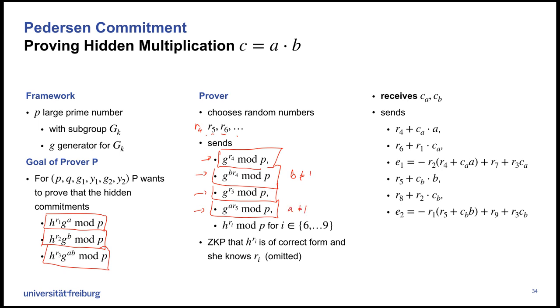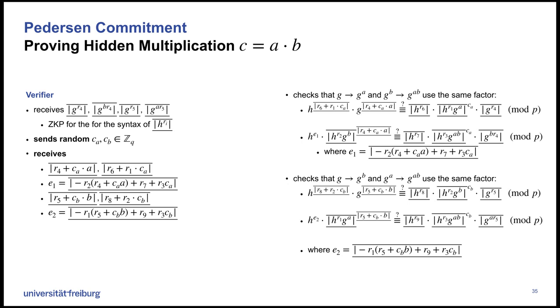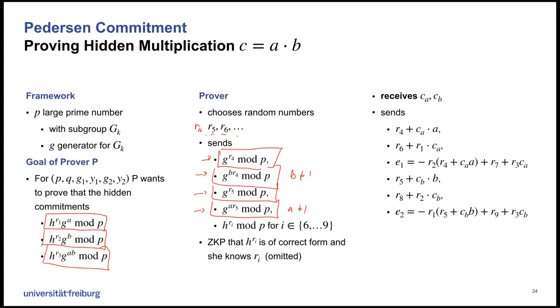So I have to repair this proof so that a can be equal to 0, which is very easy to do, but I don't do this in the lecture. Okay, so I have to repair this slide, because what I have to do is send hidden commitments here as well, because b and a could be 0, and I have to deal with this case later on.